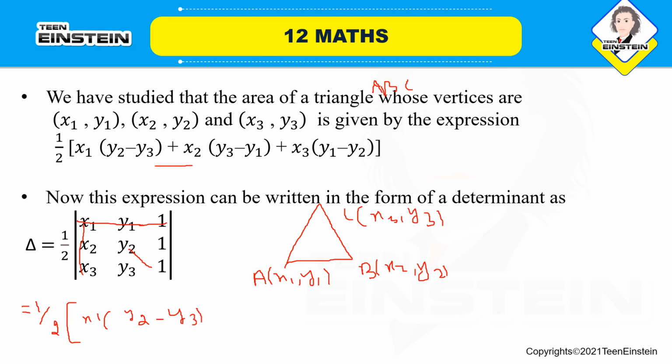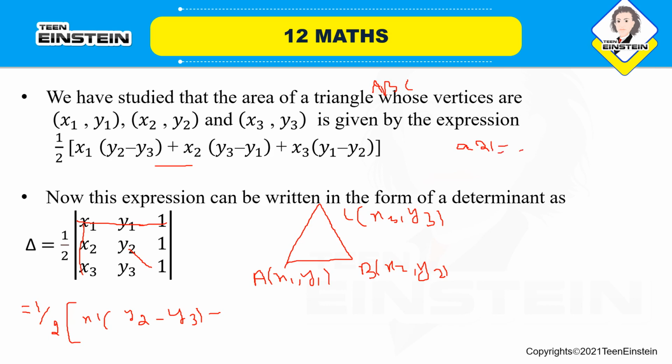Then the next element in the first column is x2. What is the position of x2? This is a11, this is a12, this is a13, so this is a21. In the a21 position we have the element x2, so for this position we will have a minus sign. How will you write it?